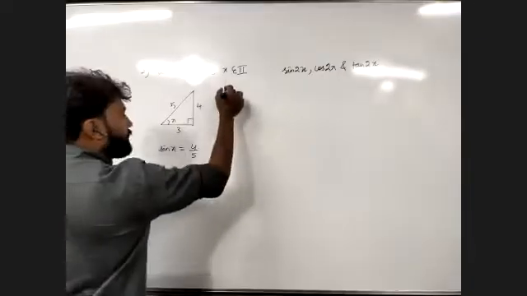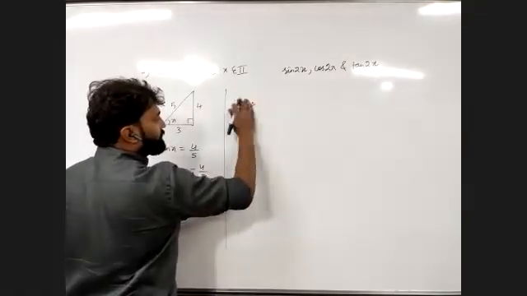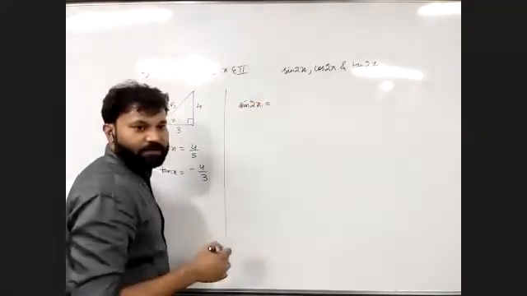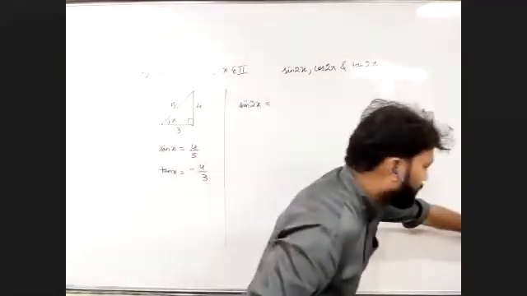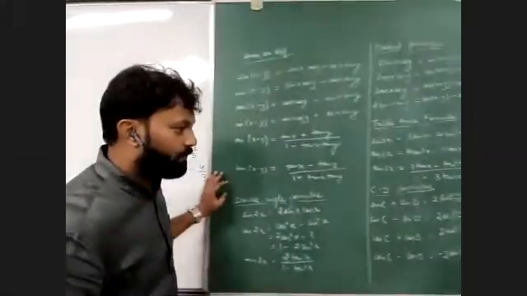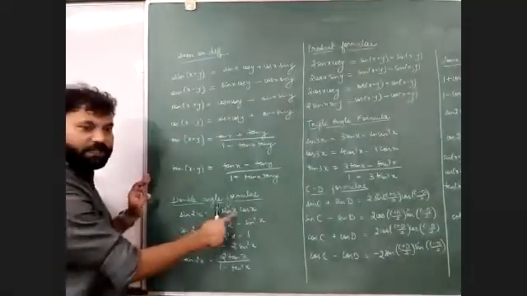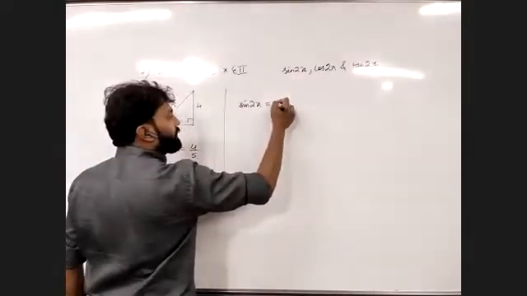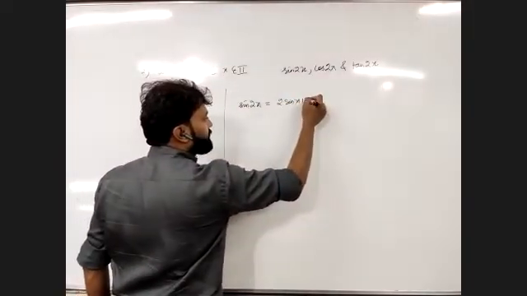Now see, we need to find out the value of sine 2x. The formula for sine 2x is 2 sin x cos x. So straight away this result can be used. Sine 2x is 2 sin x cos x.